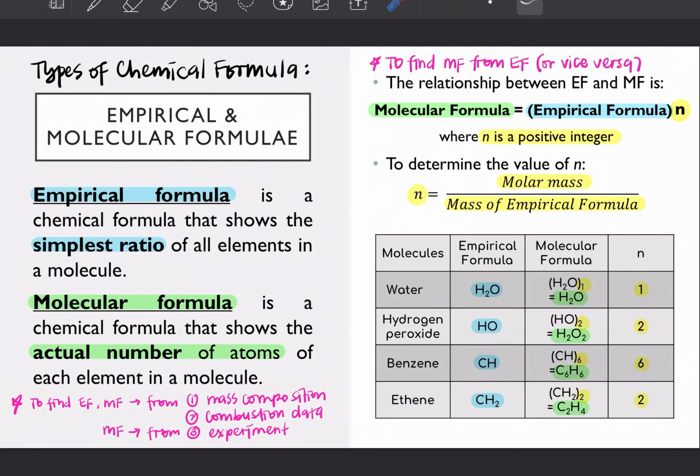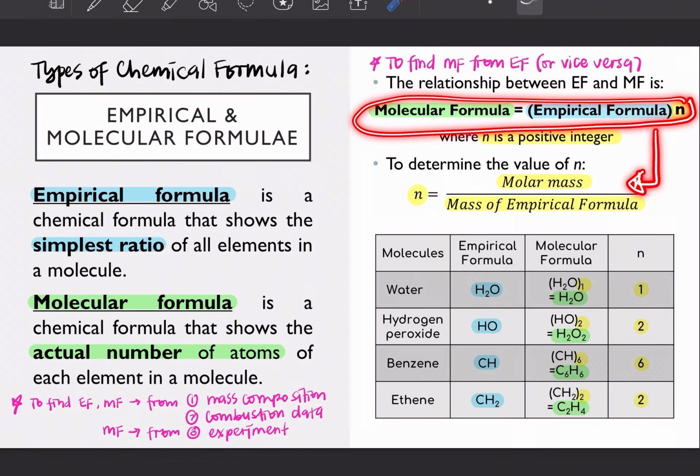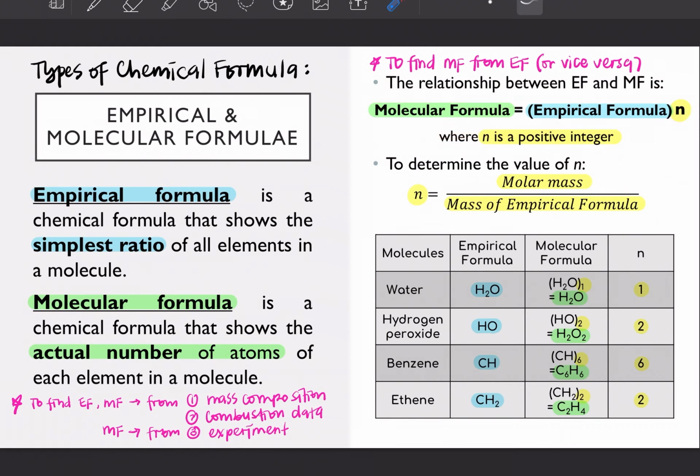Let's say we have the molar mass, the molecular mass for a molecule, and the mass of the empirical formula, then we can find n. When we have n, we can find our molecular formula. So basically you are rearranging this equation into this equation.